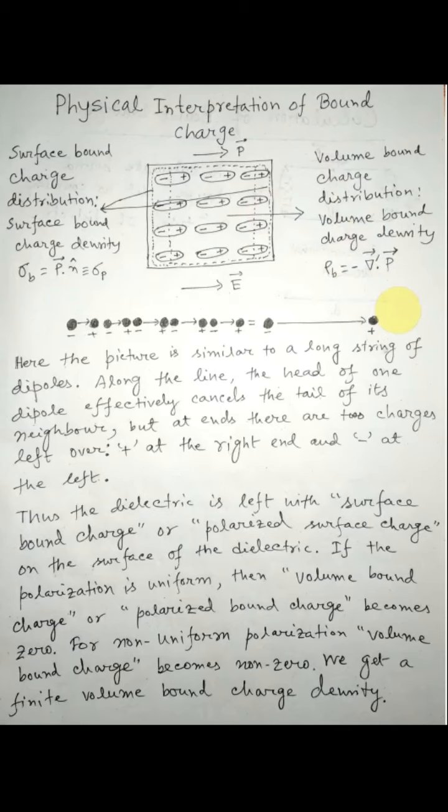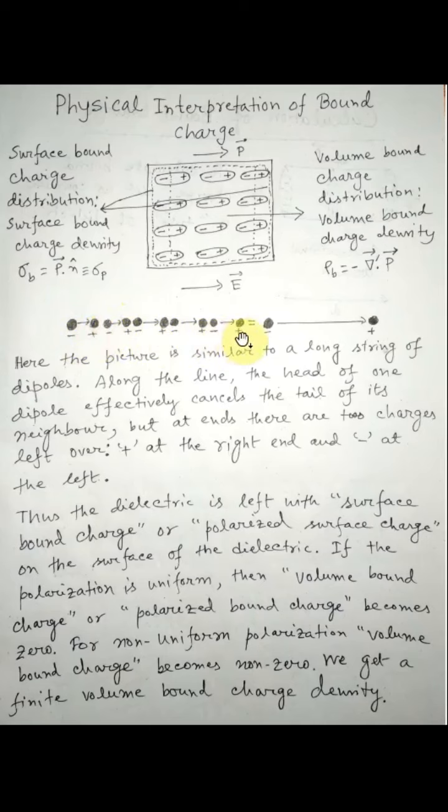So minus divergence p. Now here this picture whatever we are showing in the dielectric medium is similar to a long string of dipoles, right? Now along this line, the magnitude of each and every dipole moment is the same. So the head of one dipole effectively cancels the tail of its neighbor, right?